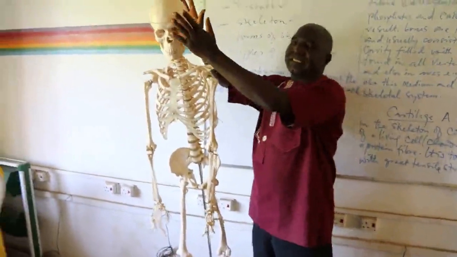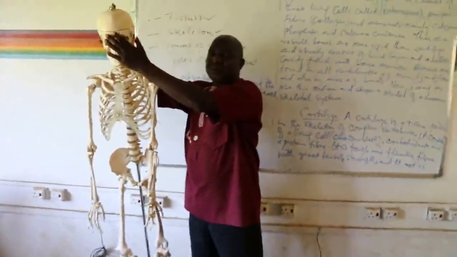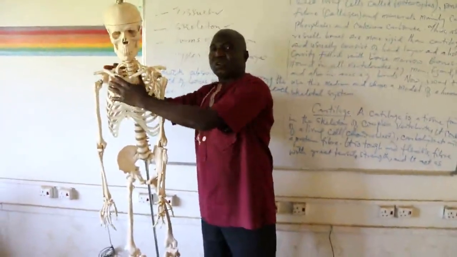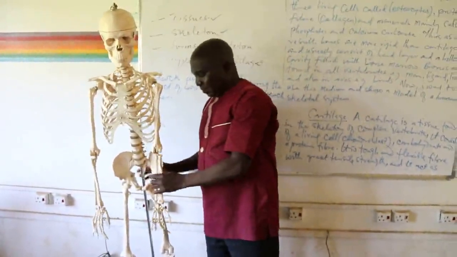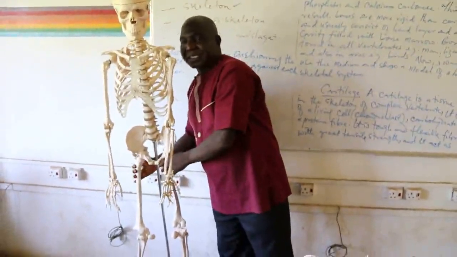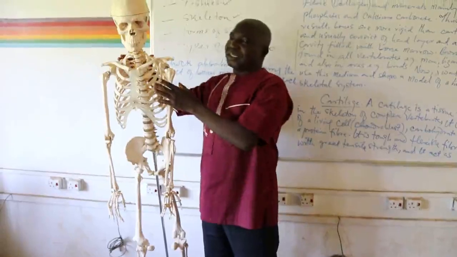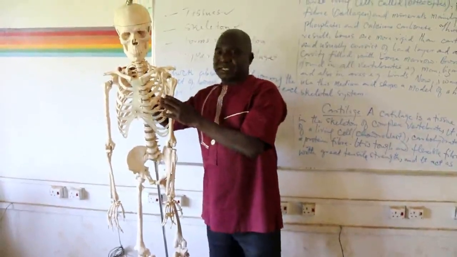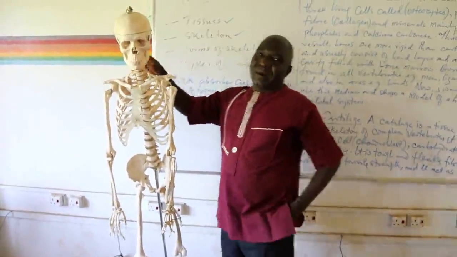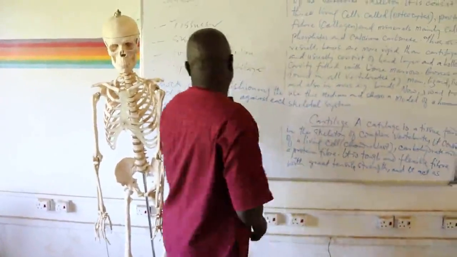This skeletal system is made up of what we call bones. So all of these are bones that are found in human beings. So that's briefly about the bones.